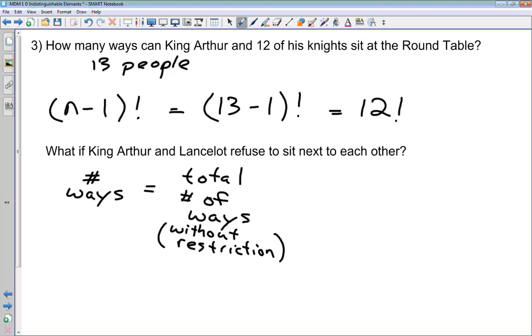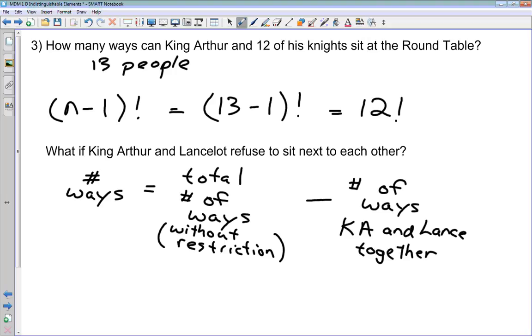And then we're going to take off the number of ways that we can arrange King Arthur and, I'll just call him Lance, can be together.